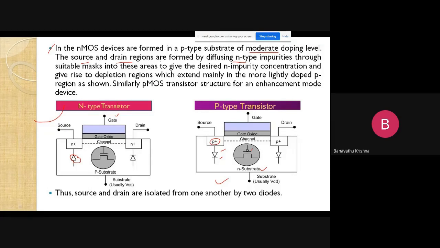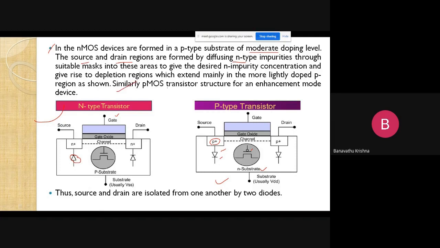How this process is used to form the N-type transistor and P-type transistor, I will explain in detail in the next class. But this is the basic information behind the formation of the NMOS transistor and PMOS transistor.